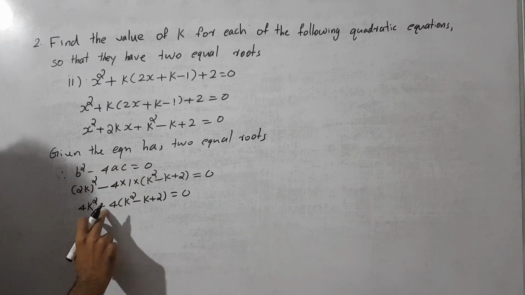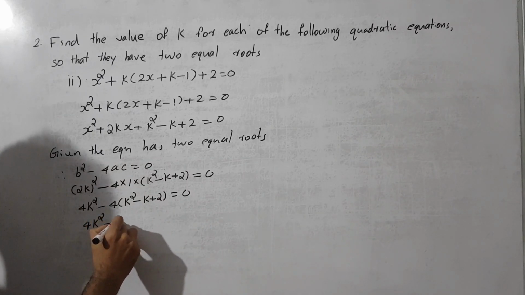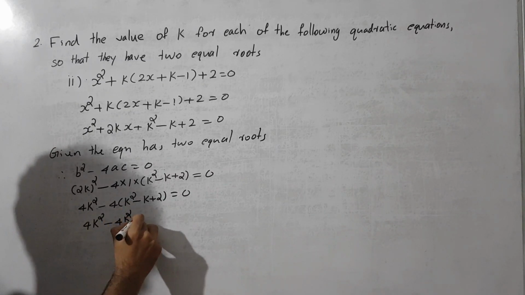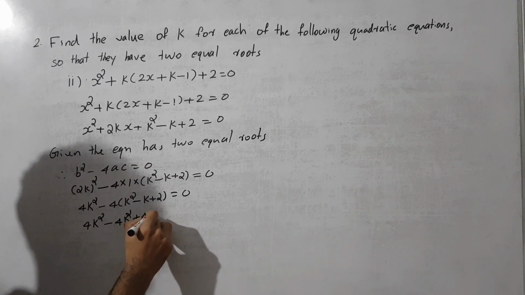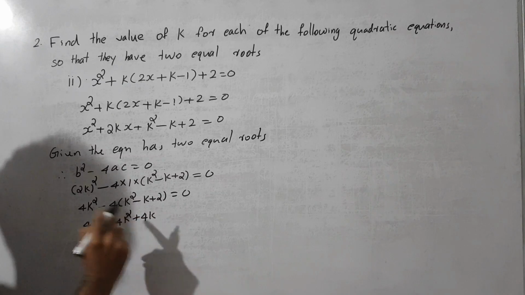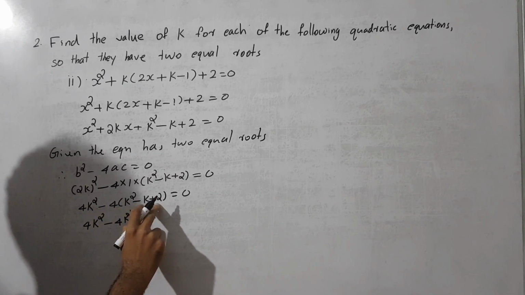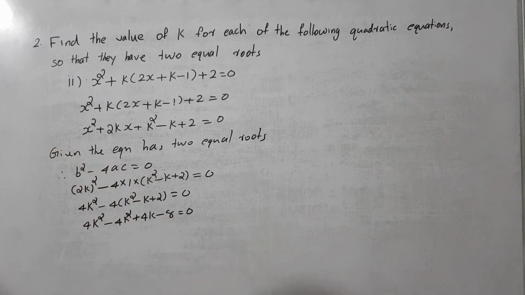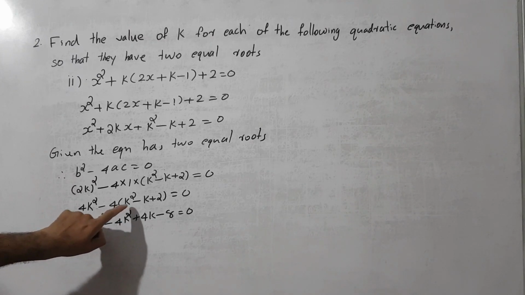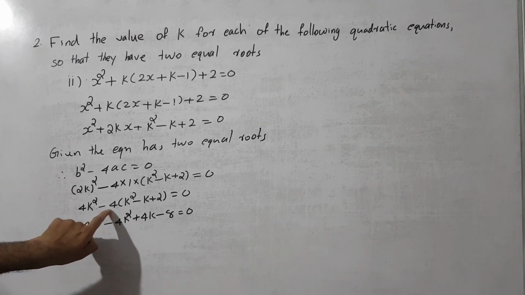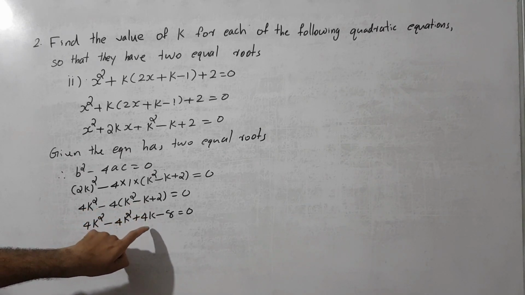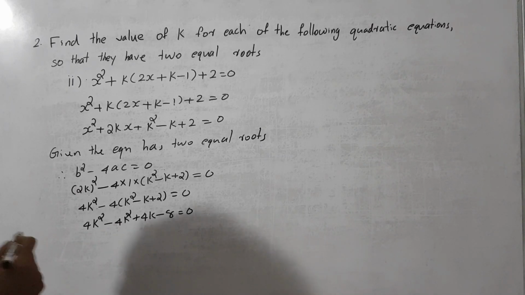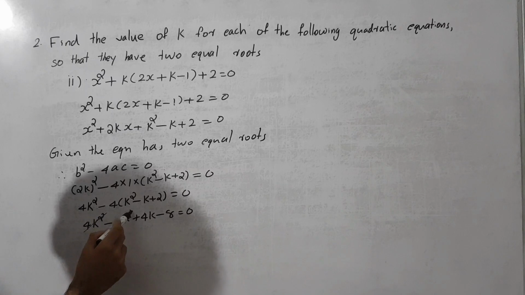Again we expand the bracket: minus 4 into k square is minus 4k square, minus 4 into minus k is plus 4k, minus 4 into plus 2 is minus 8, is equal to 0. Okay, then it's very clear, 4k square minus 4k square is 0.